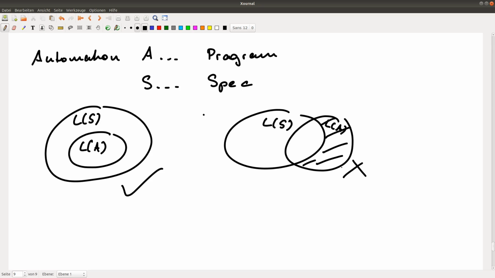So A does something that it is not allowed to do. And if we have now the automaton describing A and the automaton describing S, we want to figure out if there are words outside of the specification which are accepted by A. And how can we do this?